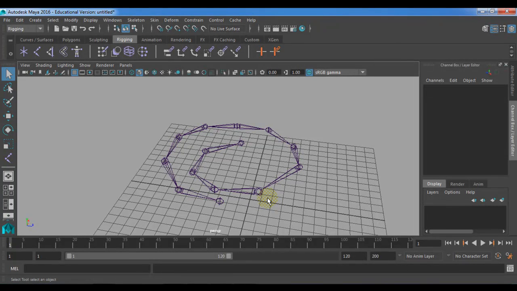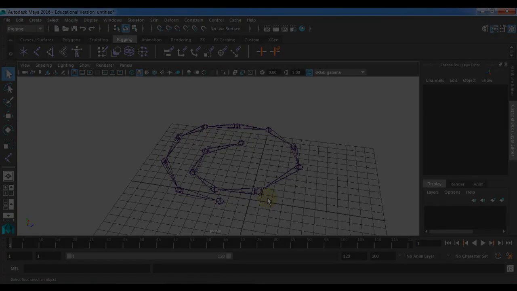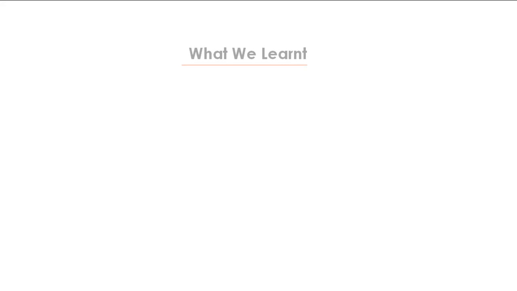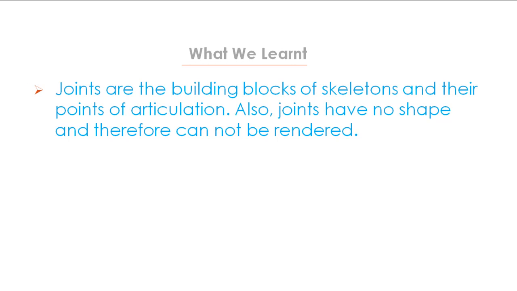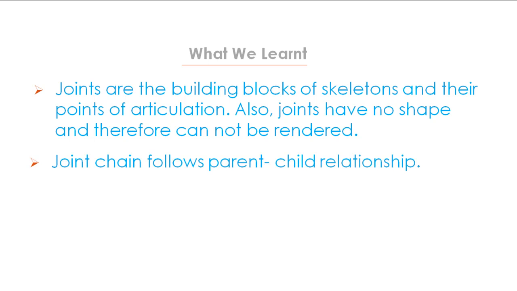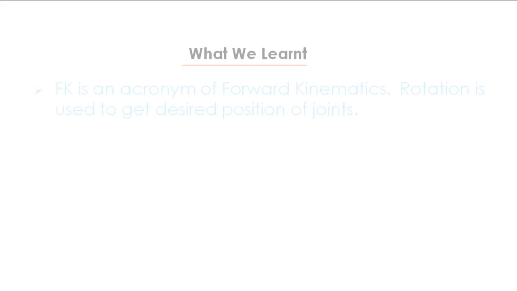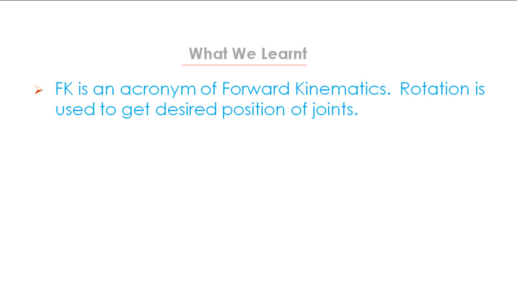Let's see what we have learned in this video. We have seen that joints are the building blocks of skeletons and their points of articulation. Also, joints have no shape and therefore cannot be rendered. A joint chain follows a parent-child relationship. We have seen that FK is an acronym of forward kinematics.